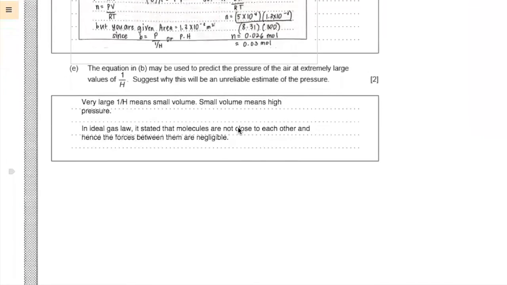Next, last question for this first problem. The equation in B may be used to predict the pressure of the air at extremely large values of 1 over H. Suggest why this will be an unreliable estimate of the pressure.